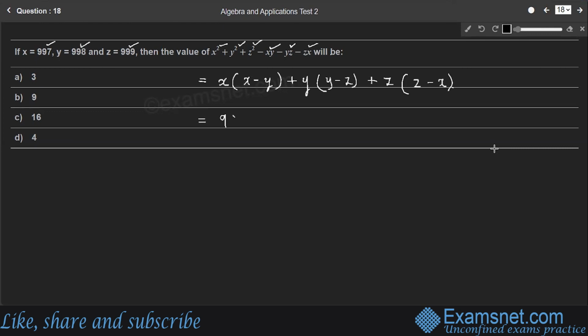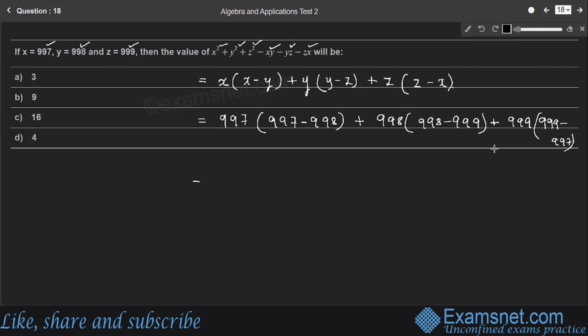x is 997 into x minus y becomes 997 minus 998, right? Plus y is 998 into y minus z. So y is 998 minus z is 999, right? Plus z is 999 into z minus x, which is 999 minus 997.